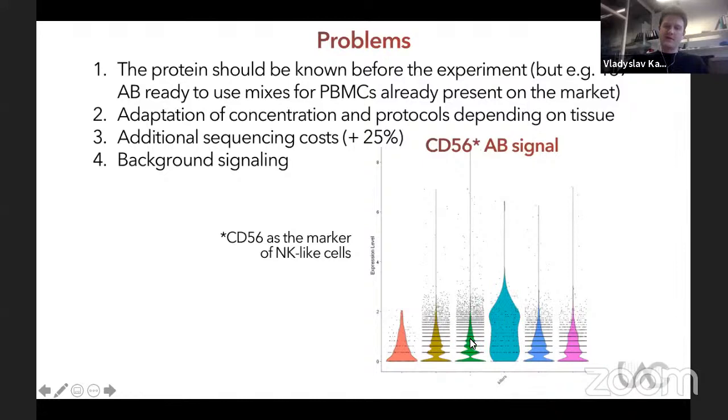But in all the other clusters that are not killer-like or don't belong to the killer population, you may also see some background signaling. So this is the next problem that you will need to deal with: where to set the cutoff. Where can you say that your antibody is positive for a certain cell population, and where is it background signaling? Something to play with.